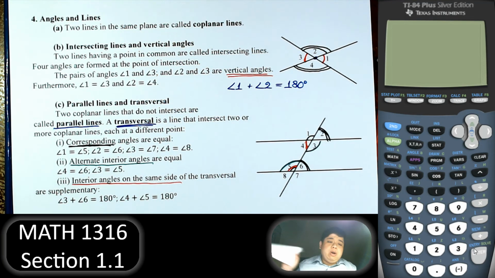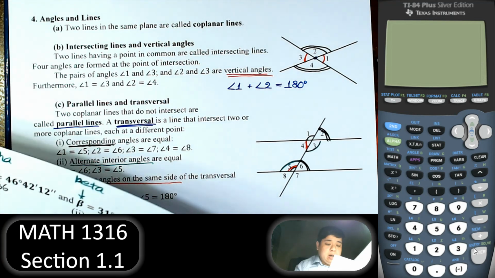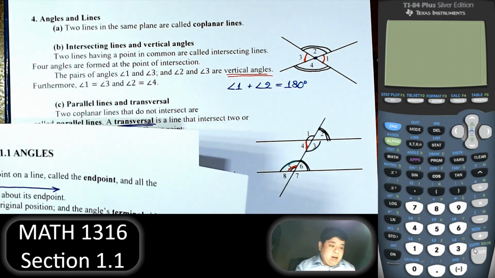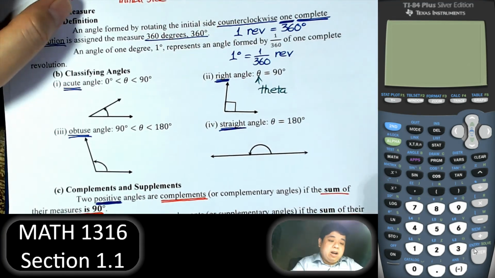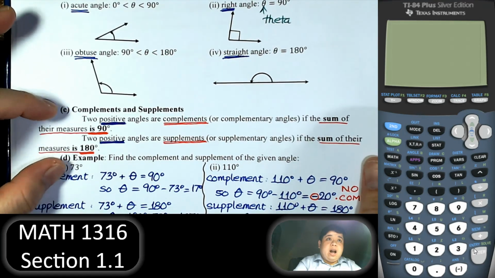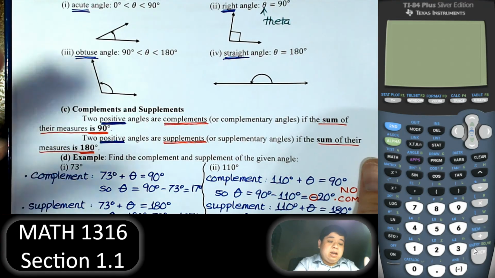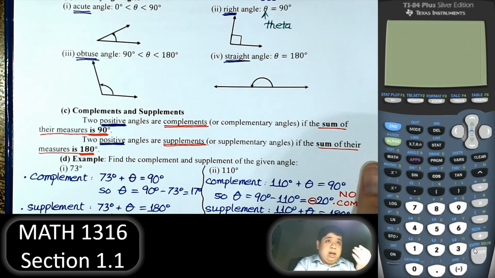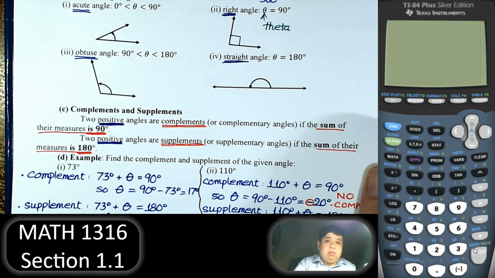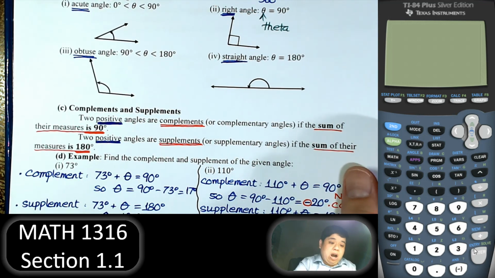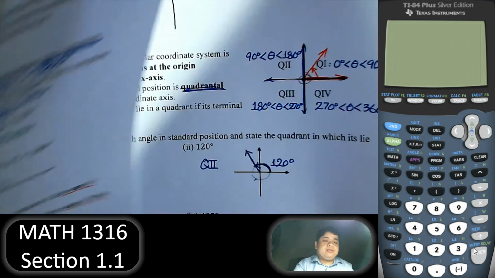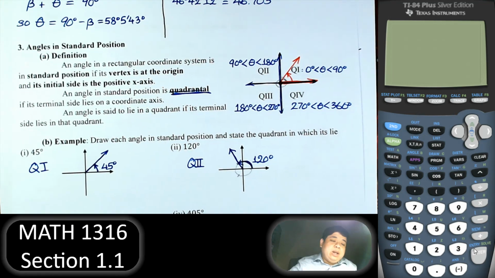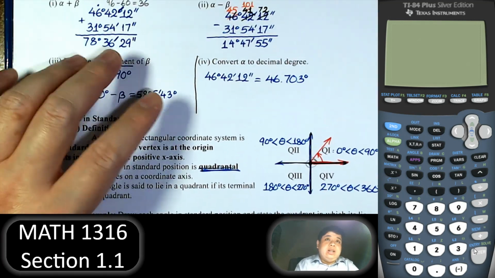Right. So pretty much in this section we go over the basic terminologies. Let's see. Define an angle. Complement and supplement. Complementary angles add up to 90 degrees. Supplementary angles add up to 180 degrees. But with this definition, the angles are required to be positive, and then we can add or subtract angles in degrees, minutes, seconds.